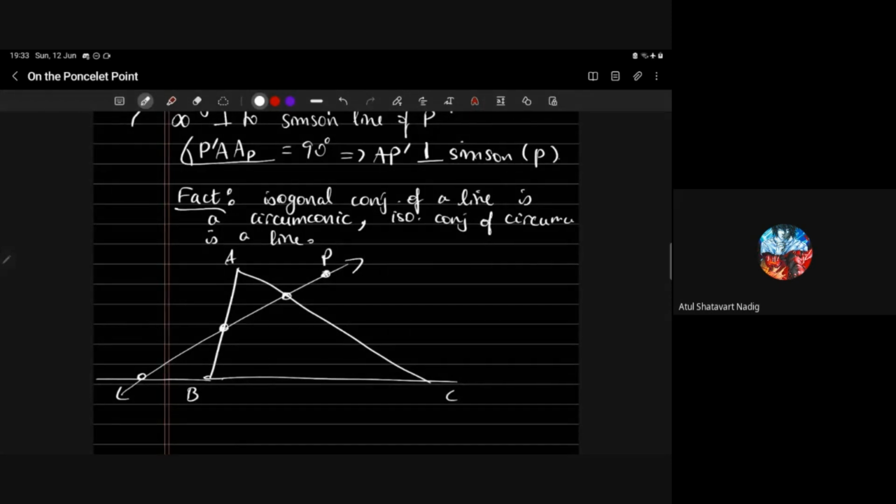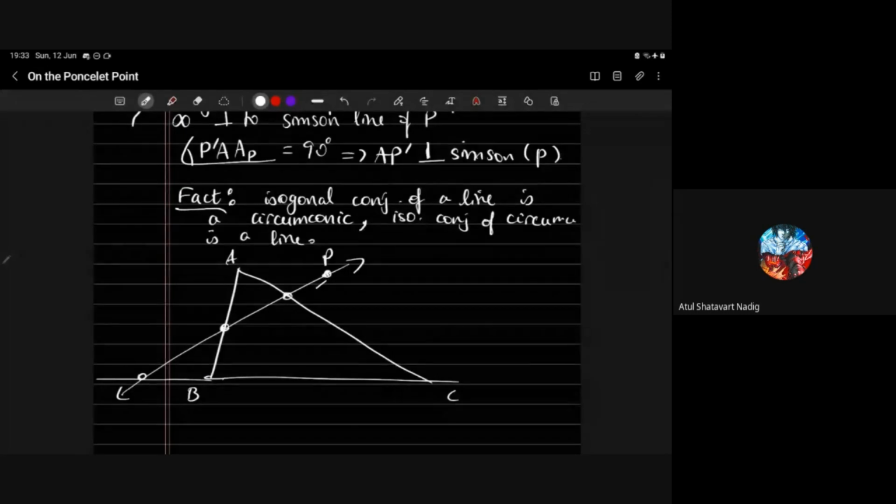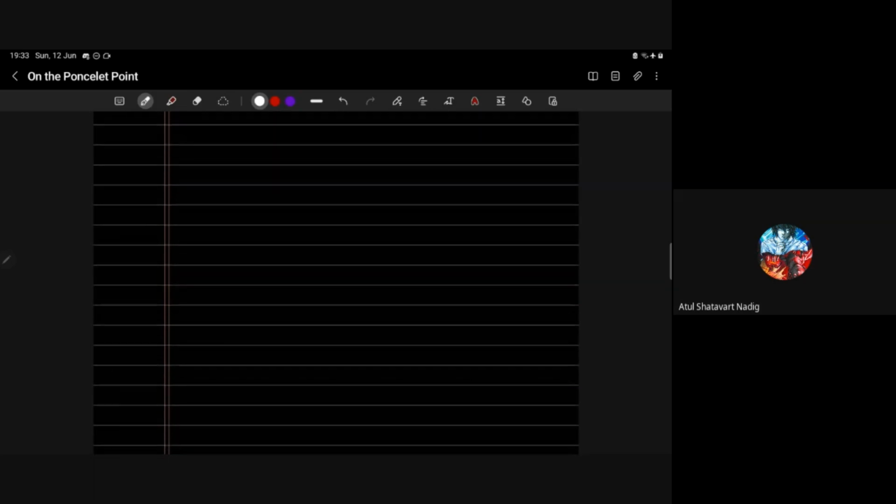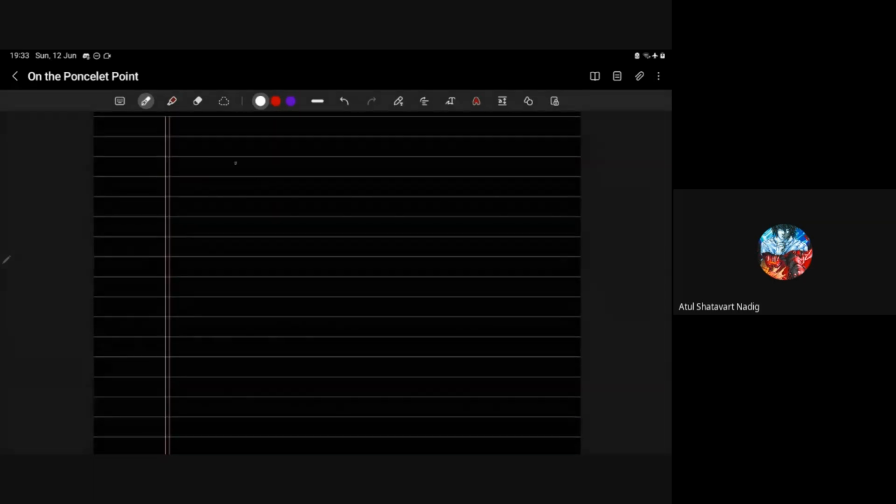Well, at least you can see that it passes through ABC because when P approaches this point E, the isogonal conjugate should approach the point B. And when P approaches F, the isogonal conjugate approaches C. When P approaches D, the isogonal conjugate approaches A. So this is stated without proof. Okay, then some observations. ABC.